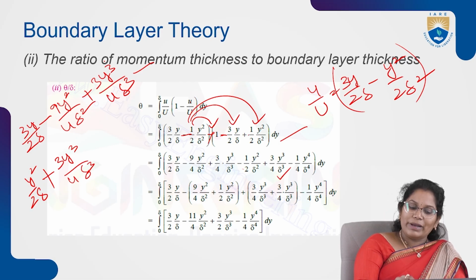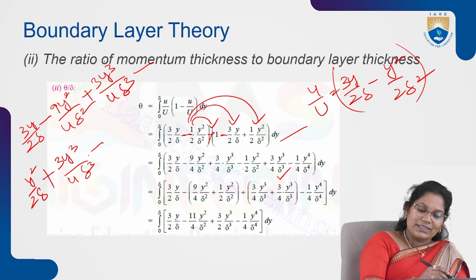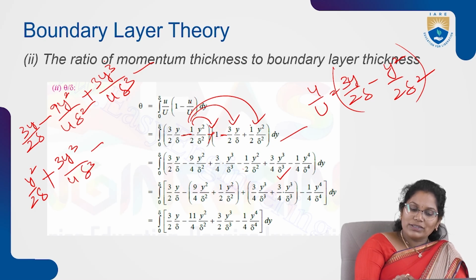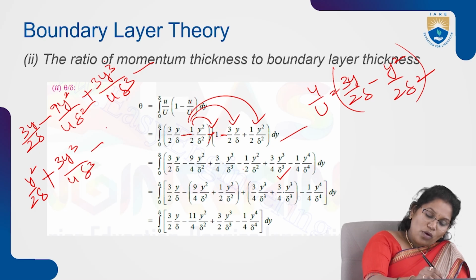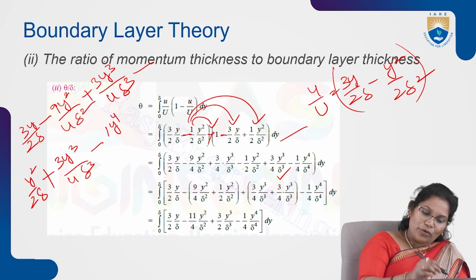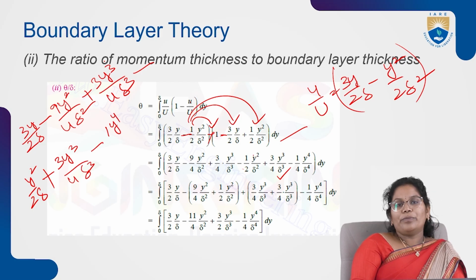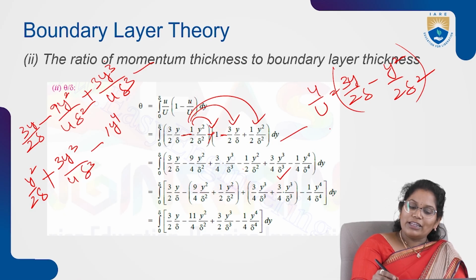Now minus into plus is minus again. So 1 into y square, 1 into y square, so 1 into y to the power of 4. When the constants are the same, the powers should be added.